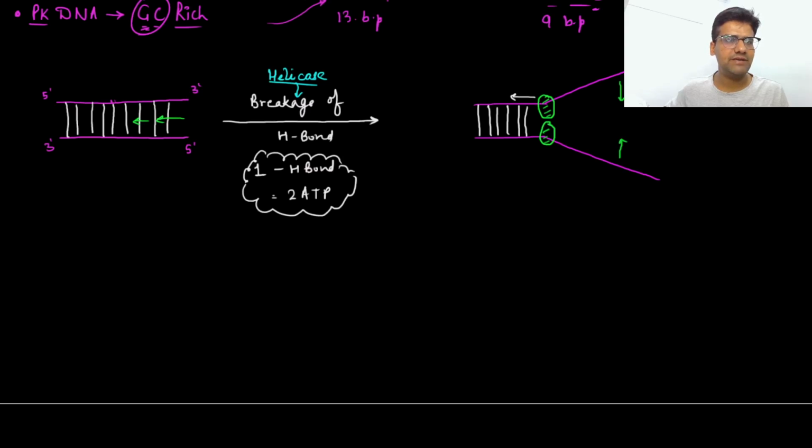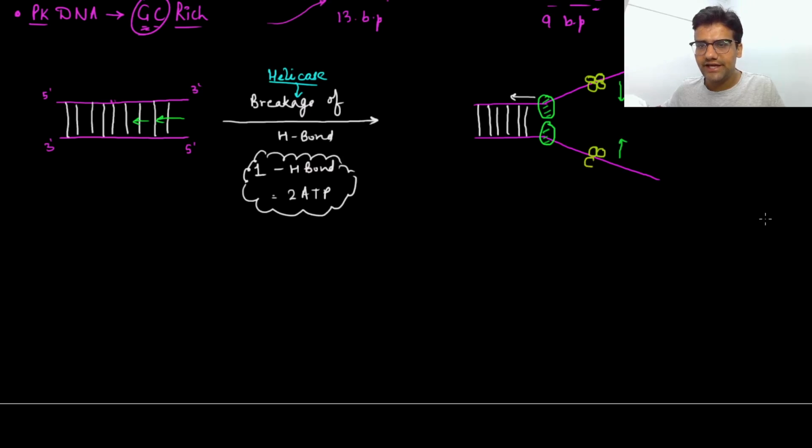And this enzyme is what we call single-stranded binding protein. This single-stranded binding protein binds to these single strands of DNA which were separated by DNA helicase.